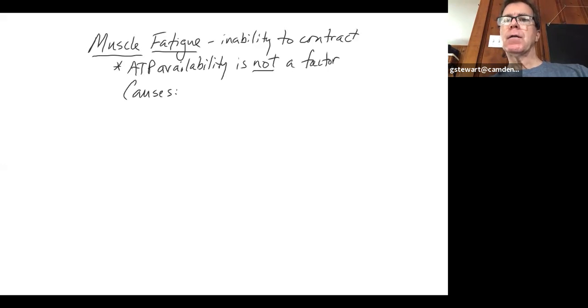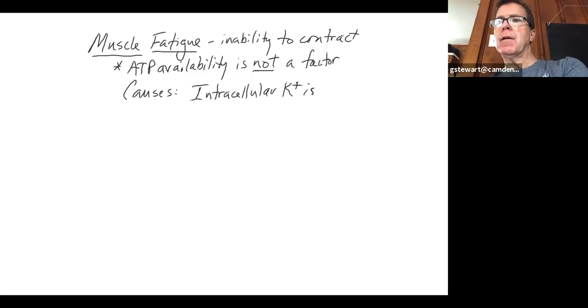First, intracellular potassium, that's a K+. Those are potassium ions. Intracellular potassium gets lost in sustained muscle activity. That's due to repolarization of muscle cells.